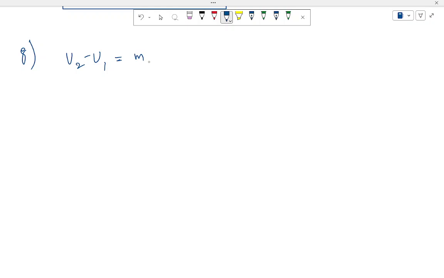So I write m into Cv. Anyways, du is equal to Cv dT. So I can write Cv here, and the temperature difference is T2 minus T1. The m value is 3 plus 5, 8 kg.